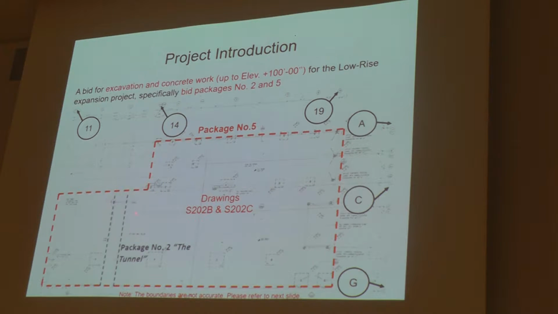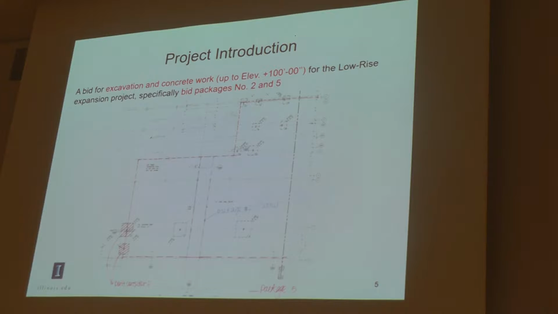Oh, by the way, this line is aligned to line 14. This is the drawing I'm passing around here, and this is more clear. The boundary is accurate. Great, thanks. Just pass it around.